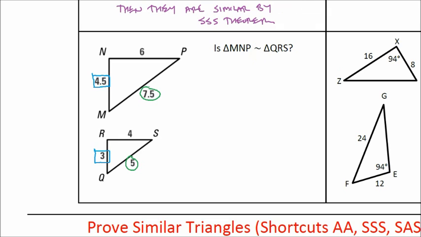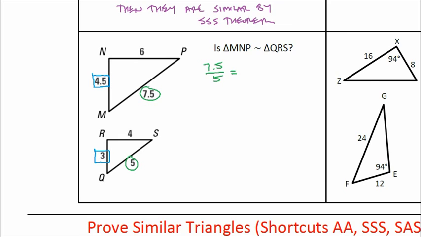All right, let's check our scale factor and see if it's the same for all of them. So for the first one, I'm going to again go ahead and put the top triangle here on top of my ratios. 7.5 over 5. Now, when we go ahead and figure out the scale factor for this one, sometimes when you have decimals, it's easy to just go ahead and divide that out in your calculator and get a number.